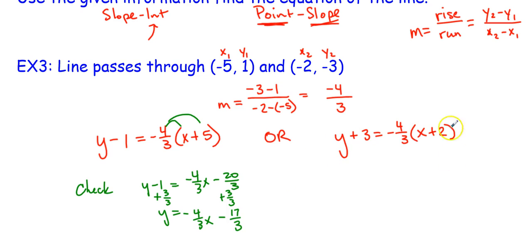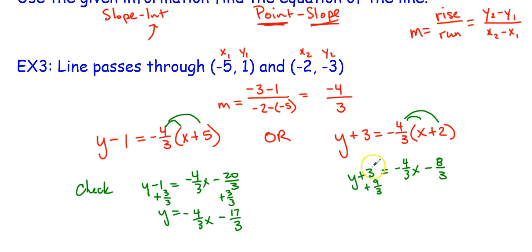So let's go over here and see if we get the exact same thing. We're going to distribute. So we've got y plus 3 equals -4/3 x minus, there's my -4/3 x, and I'm going to end up with -8/3 on the right side here. Again, I want to get a common denominator, so this is actually plus 9/3.